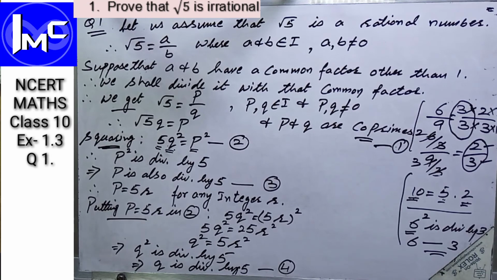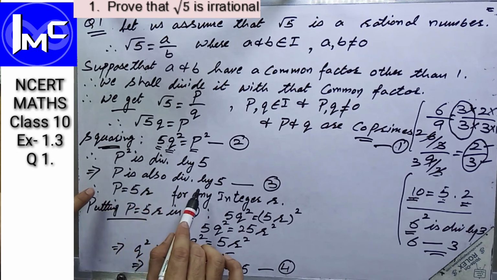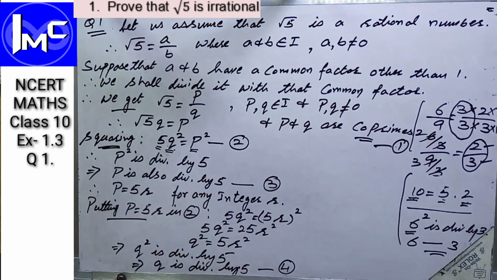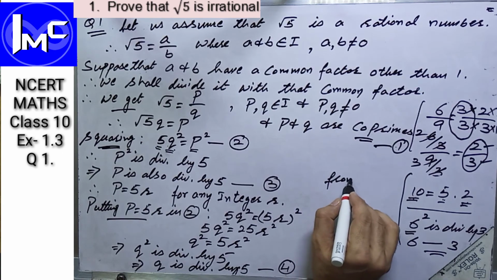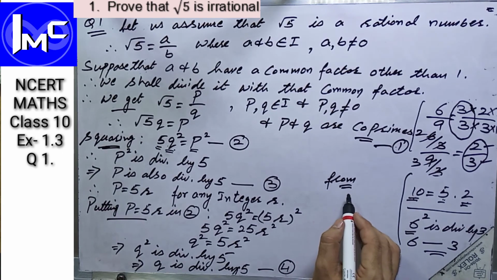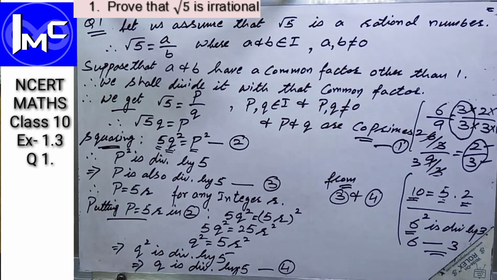Now take 3 and 4. 3 says p is also divisible by 5. 4 says q is divisible by 5. It means from 3 and 4, what shall we get?